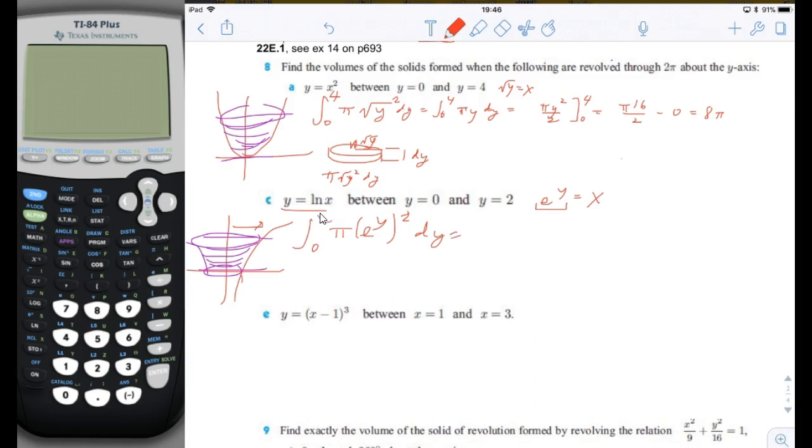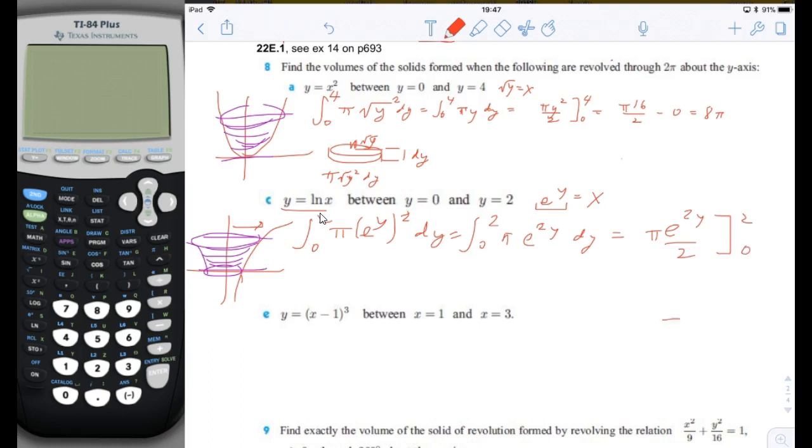So it's the integral from 0 to 2 of pi e to the 2y dy, right? And the integral of pi e to the 2y is just pi e to the 2y divided by 2. Is that right? If I take the derivative of that to check it, I do the chain rule, and then the 2 comes out and cancels out. So it's perfect, yes.